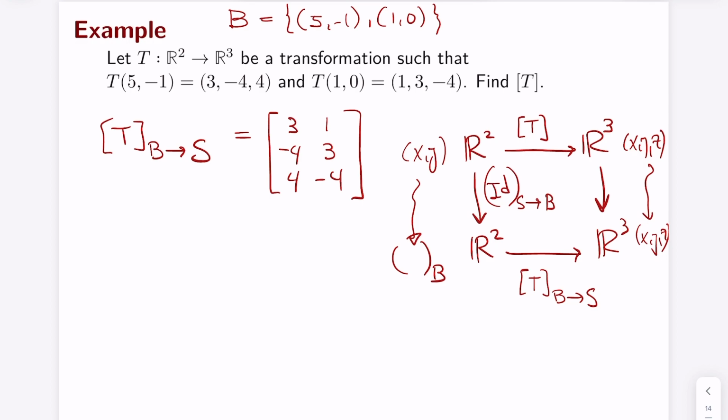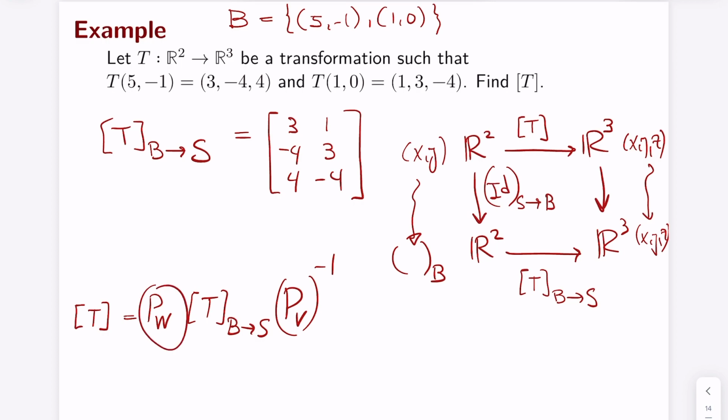We know this, right? So we're going to use these formulas with the bases that we have. With our bases, we're going to write that T is equal to P_W, T_BS, and P_B to the minus 1, where the first matrix here will be just the identity from standard to standard. So in this case, this one is just the identity matrix.